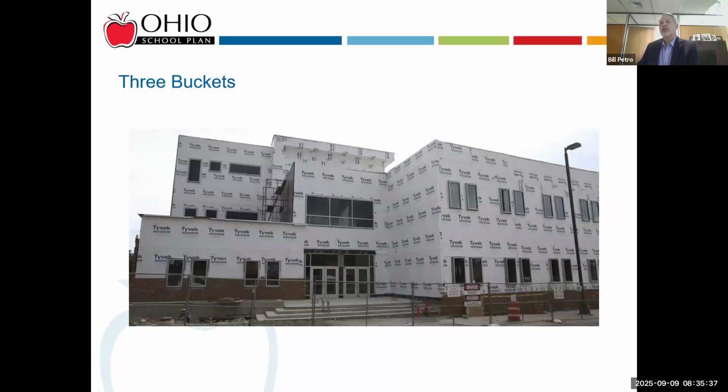Another example here, a school under construction, and Mike mentioned you may be familiar with construction bonds that the contractors might have on a project. In this example, it's under construction, but the contractor goes bankrupt, goes belly up.